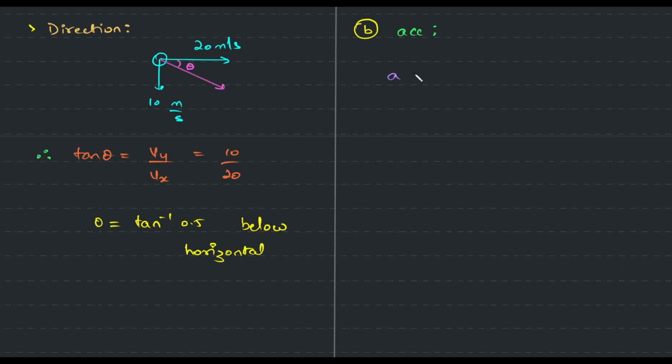Yes, there is only one acceleration, that is 10 j cap meter per second square. Sorry, minus 10 j cap meter per second square. Okay. So the object is not getting accelerated along the x-axis. So we just have y-axis and it is pointed downwards.